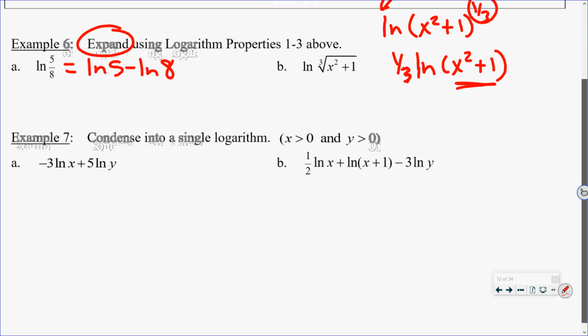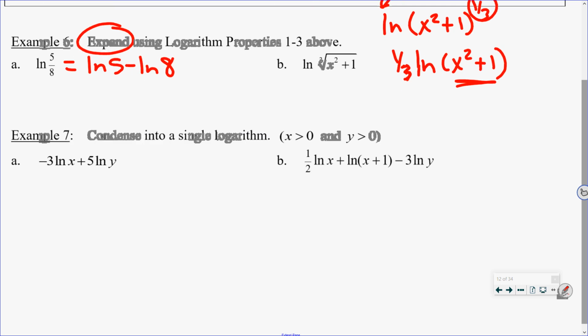Now I've got these logarithms and I want to condense them. We can go backwards. If I'm adding two separate logarithms, we can combine them by multiplying the inside of the logarithms, but I cannot do that as long as there's a number out in front. So if you do have a coefficient, a number out in front, you have to put it back up in the power before you combine them.